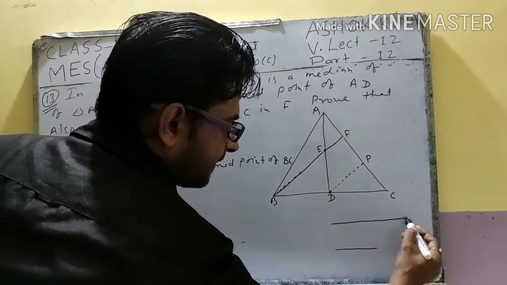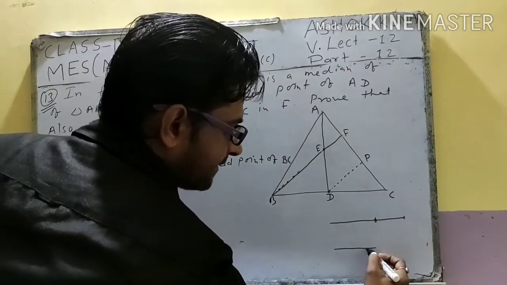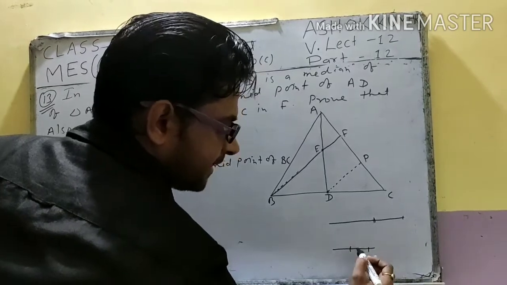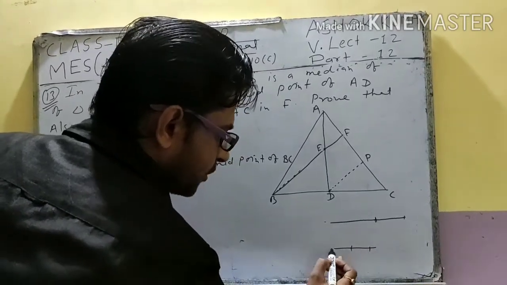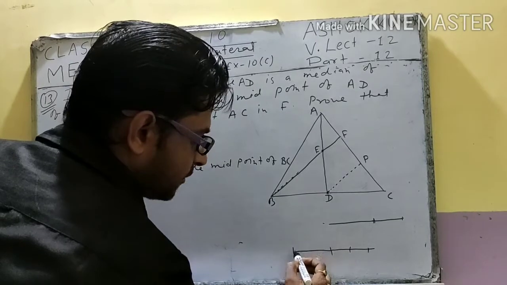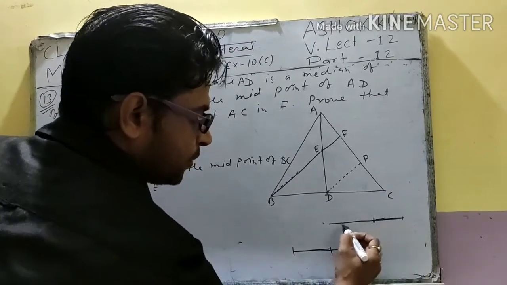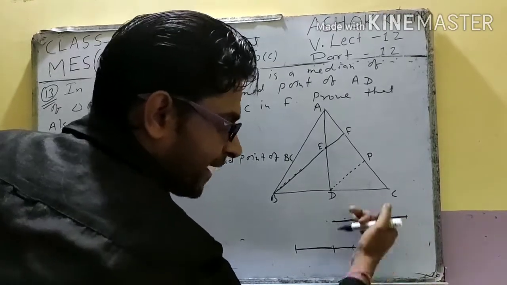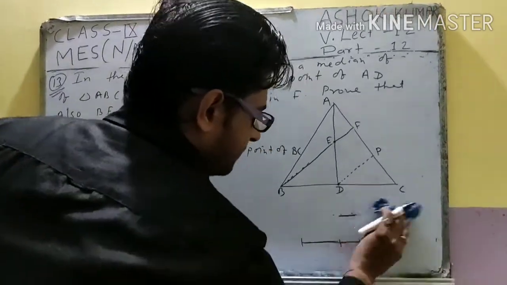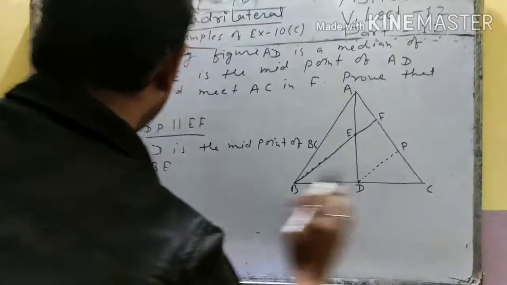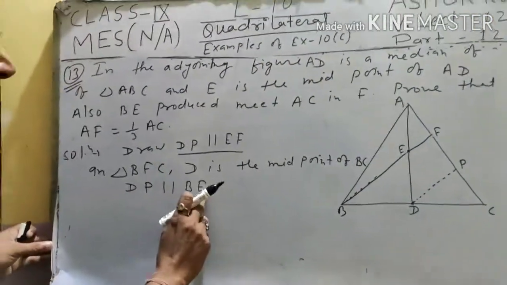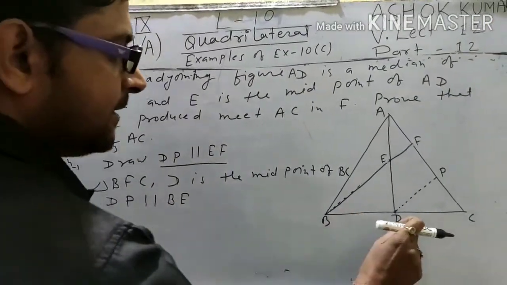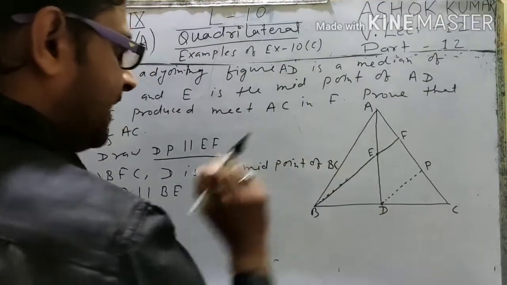If you draw here, this line is also parallel to this line. So if two lines are parallel to a third, they are parallel to each other. According to this concept, DP is parallel to BF.